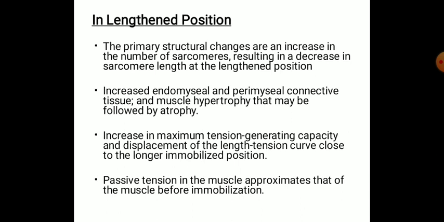And passive tension in the muscle approximates that of the muscle before immobilization, just because we are keeping this muscle in a normal length. There is not much reduction in the normal tension which can be produced by that particular muscle, because we are not reducing that normal muscular structure. We are actually keeping that particular muscle in a normal state. Because of that, there is not much reduction in muscular tension.